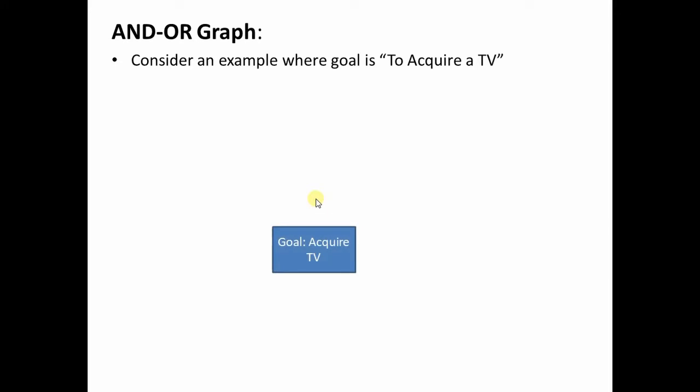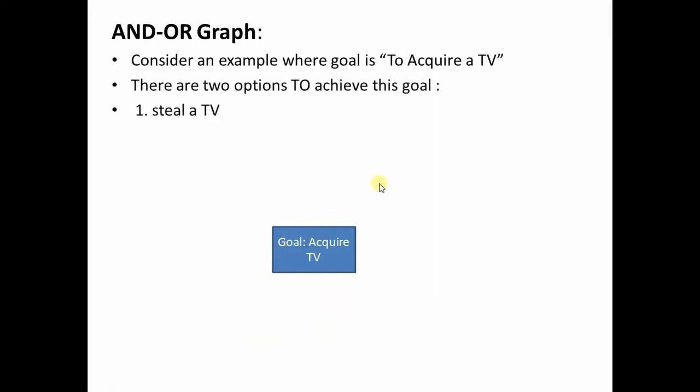What is an AND-OR graph? To explain it, I'll take an example. Suppose you want to acquire a TV. Let's say your goal is to acquire a TV. Graphically speaking, this is a goal node. Now, what are the sub-goals to be solved in order to achieve this goal?